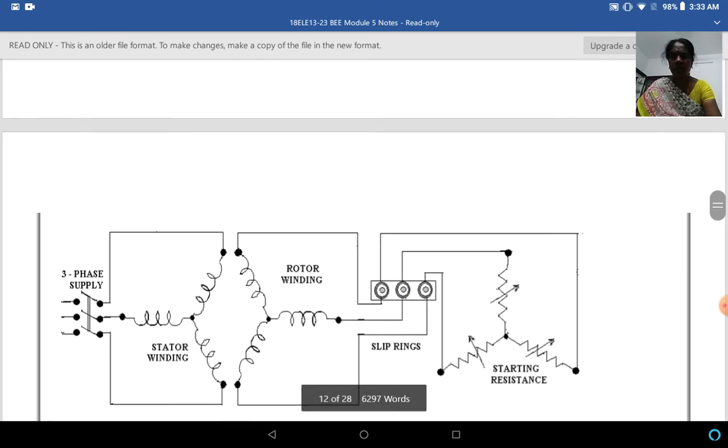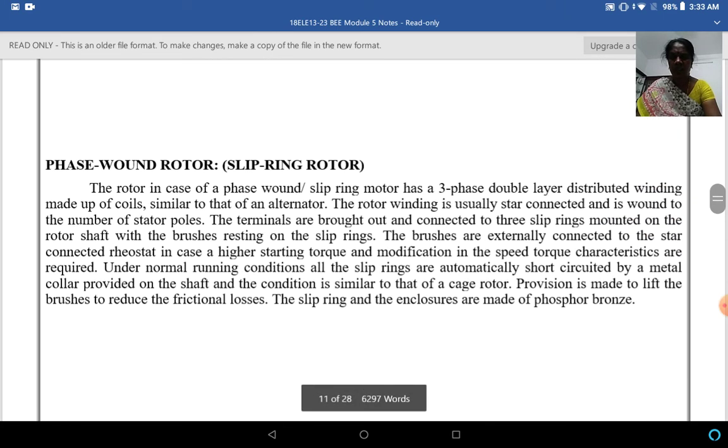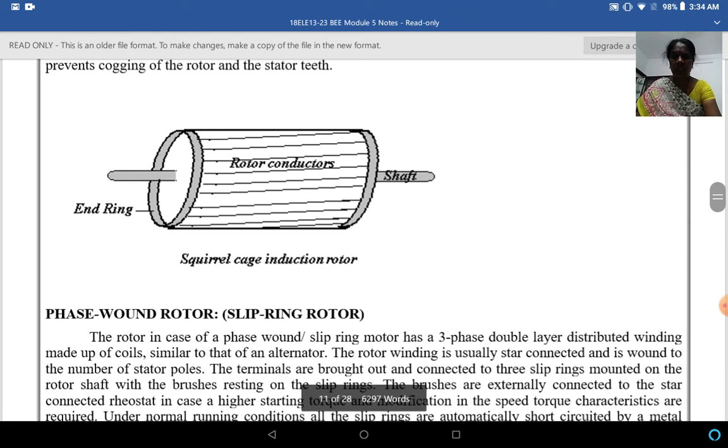First we'll start with the squirrel cage induction motor. The diagram is shown here.